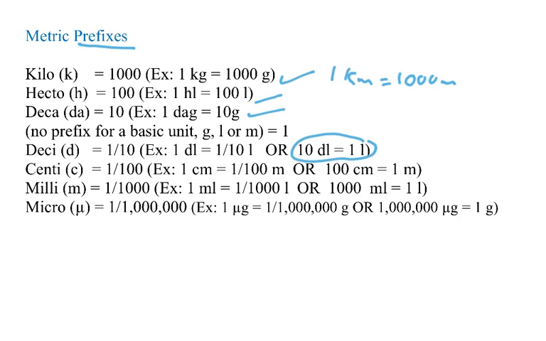We will explore that in greater detail later. Centi stands for 1/100th. 1 centimeter is 1/100th of a meter, or perhaps better, 100 centimeters is 1 meter. Milli is 1/1000th, so 1,000 milliliters is 1 liter. And finally, micro, which is 1/1,000,000th. So it takes 1,000,000 micrograms to make 1 gram.